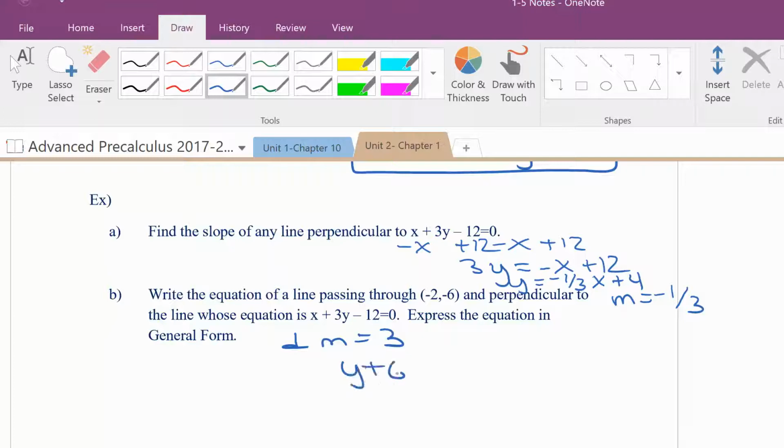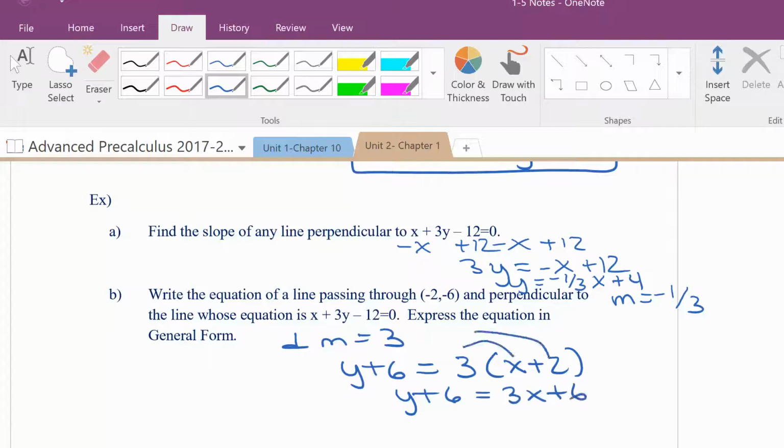So you go y plus 6 equals 3 times x plus 2. So y plus 6 equals 3x plus 6 when you distribute. So y is equal to 3x. So when we change it into general form, it's 3x minus y equals 0.